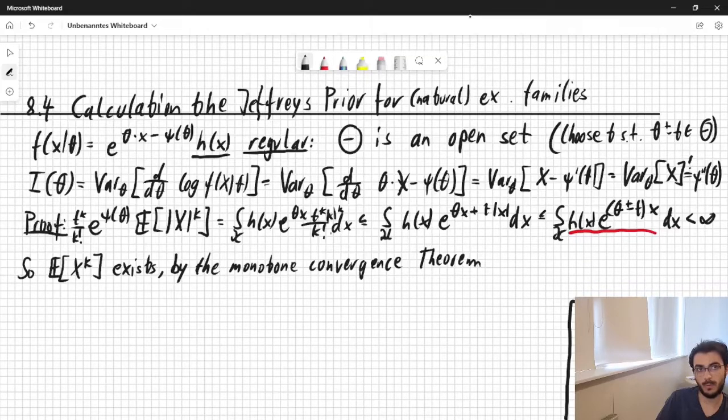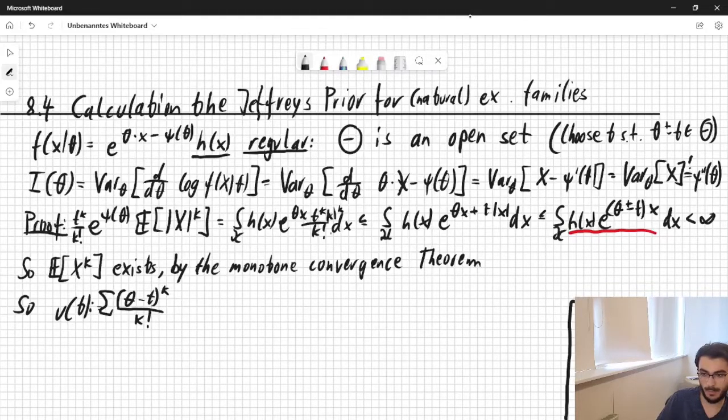So I'm going to interchange the argument because I want to develop in theta. So I'm going to define this function u in t equal to theta minus t. So now I'm developing, okay, I think I said plus t, I meant minus t, to the power of k factorial.